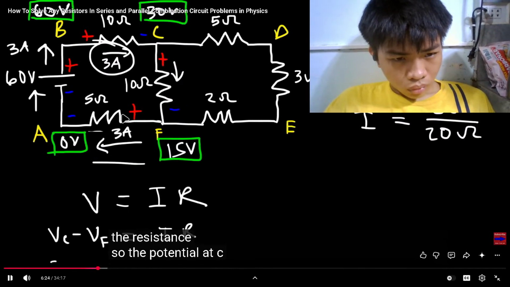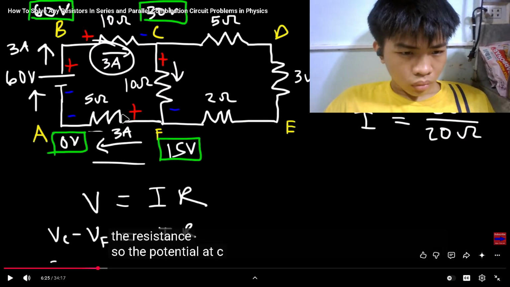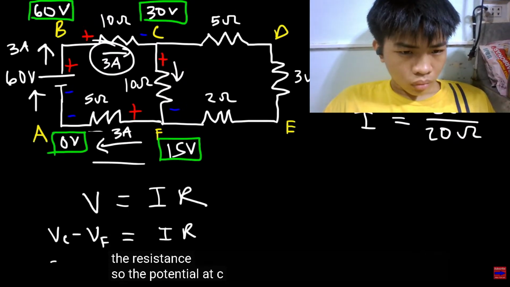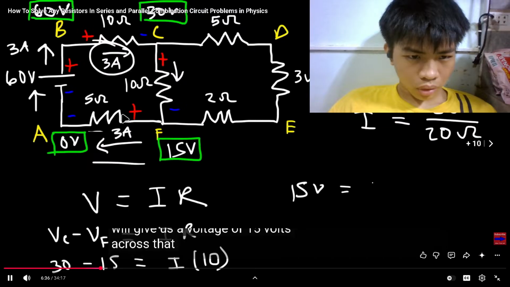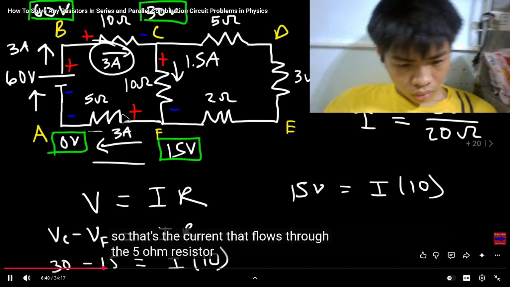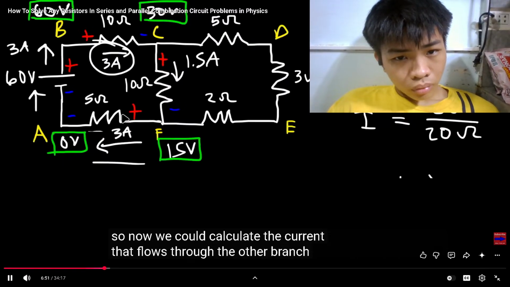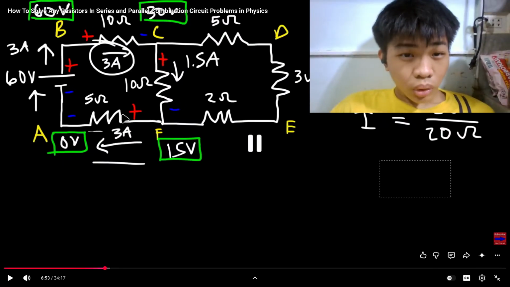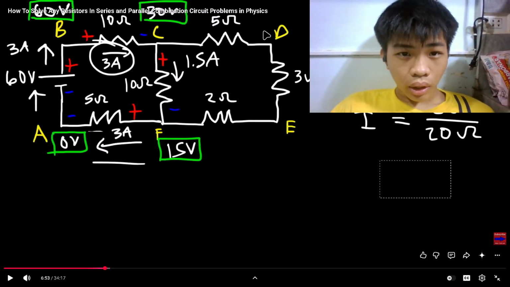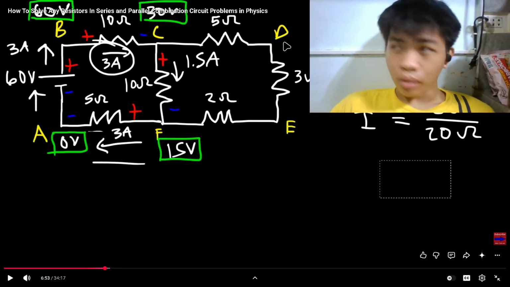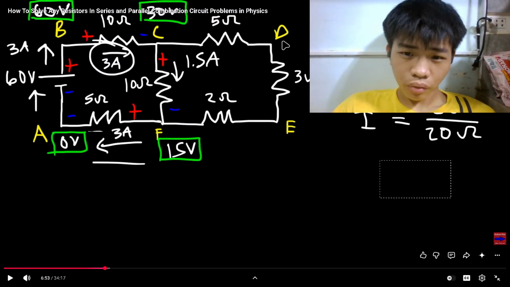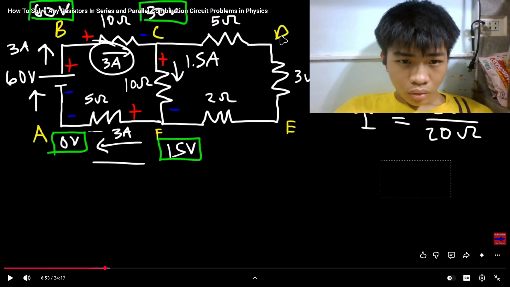So the potential at C is 30, and the potential at D is 15 volts. You can calculate the current that flows through the other branch.